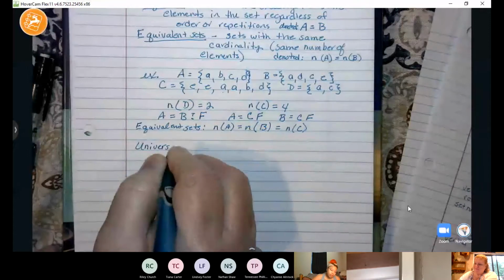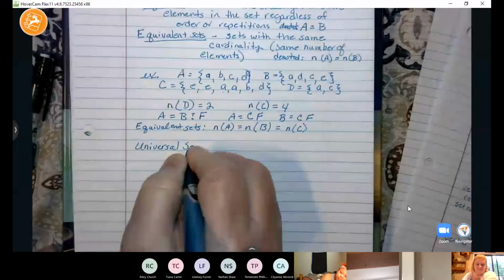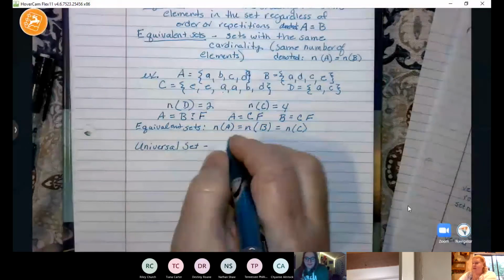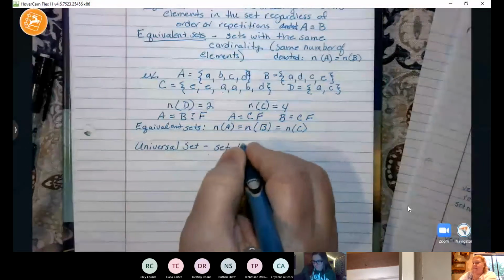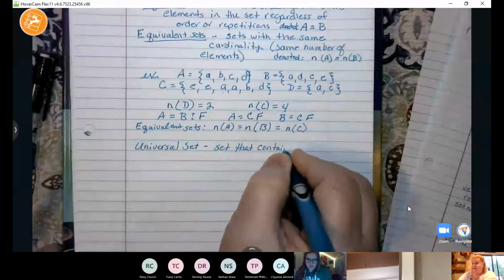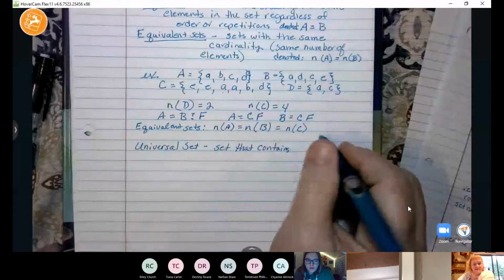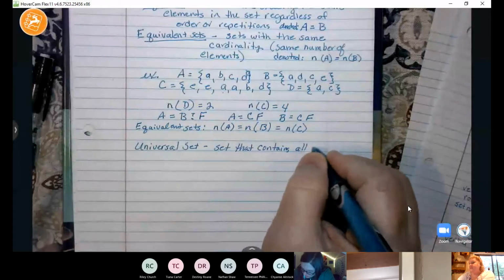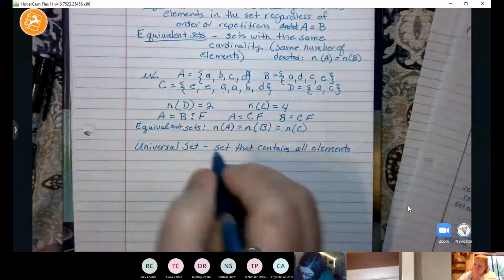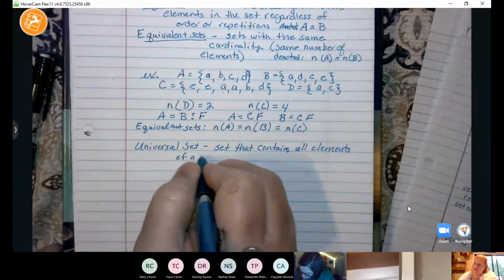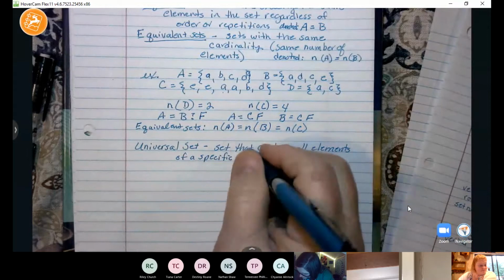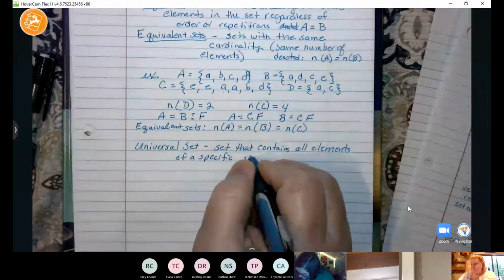Universal set. The universal set is a set that contains all the elements of a specific situation.